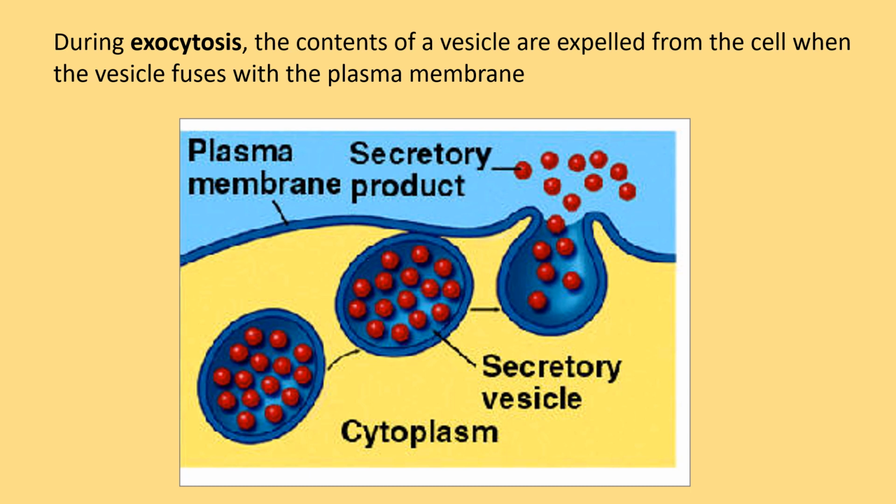Here we see a secretory vesicle, a vesicle that's full of the red dots, which are something the cell manufactured and, as part of its job, needs to expel into the extracellular environment. The secretory vesicle will fuse with the plasma membrane, and once it fuses, exocytosis occurs as that substance leaves the cell and enters the extracellular fluid.